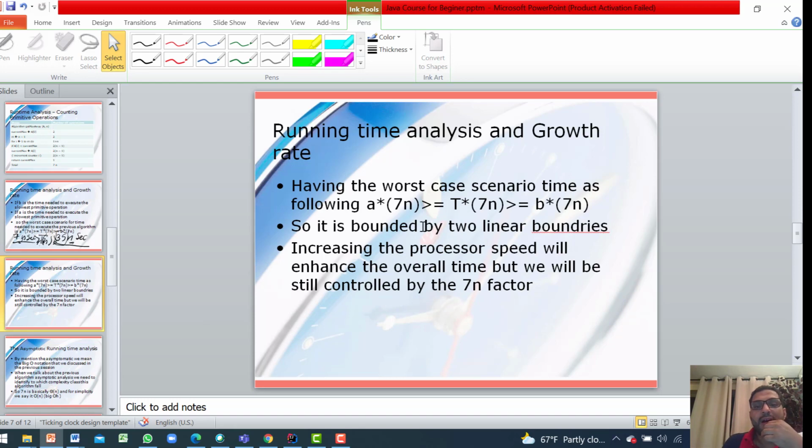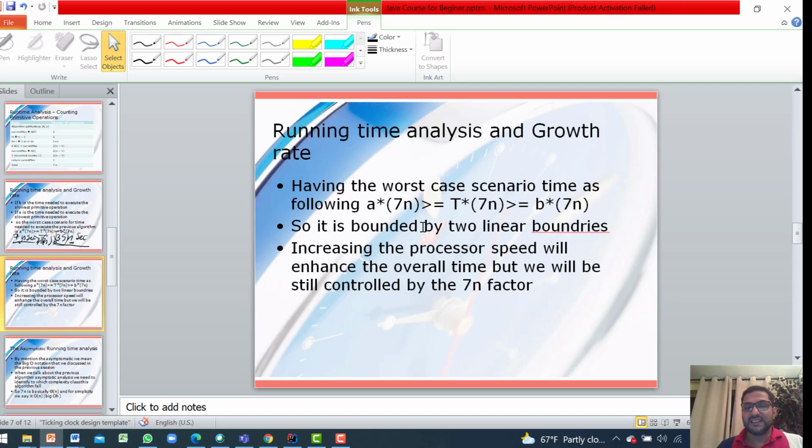So I'm going to talk about the growth rate. The growth rate is basically how I'm going to improve, or how my algorithm is getting better. If I increase the speed of the process, instead of the slowest primitive operation taking 5 seconds, it takes 3, and the fastest one, instead of taking 1, takes 0.5.